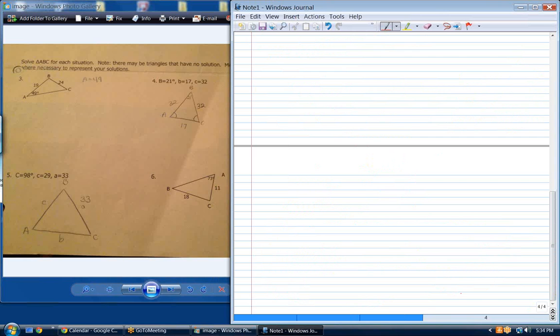Be right. Okay. So the second one, and I'm only going to start with the information that was given to us. We have A, B, C. Angle B is 21. Side B is 17. Side C is 32.